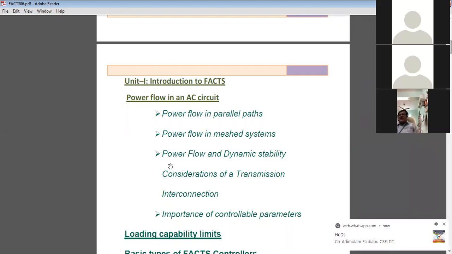So power flows and other dynamic stability considerations we have seen in the interconnected transmission system, and different controllable parameters. Again, from the phasor diagram we have seen how the X value and delta value have an effect on the real and reactive powers in the case of series, shunt, and combined compensation.